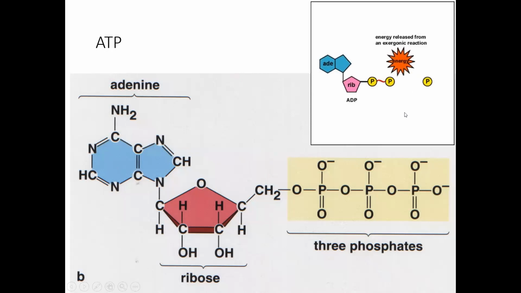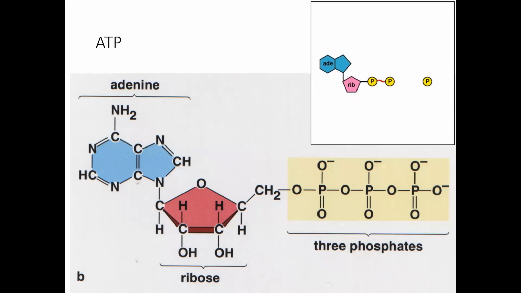And ADP and inorganic phosphate go back and forth all the time. They're not destroyed in the reaction. ATP gives up that third phosphate temporarily to do something. And then that low energy phosphate now is reattached with energy to the ATP.